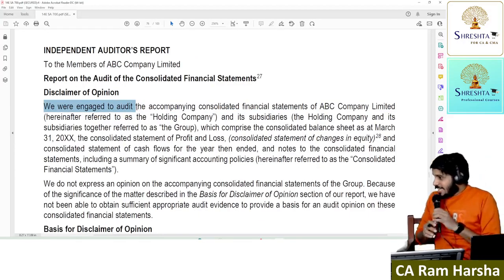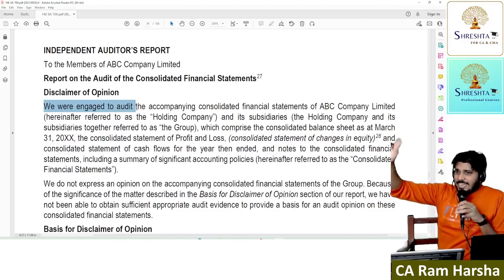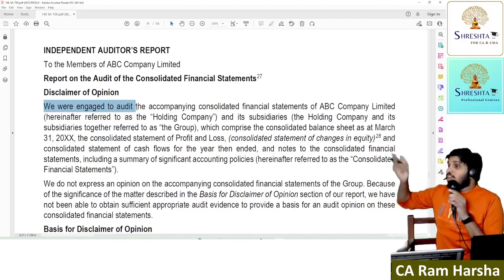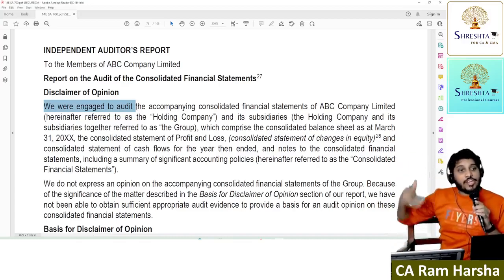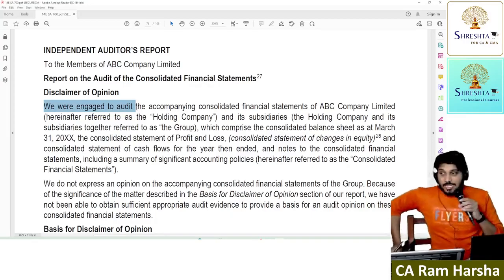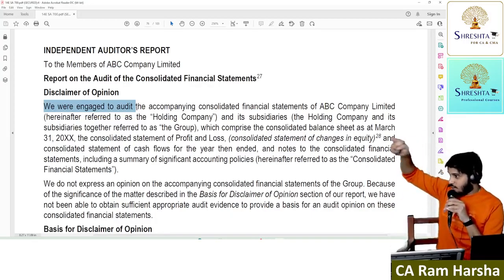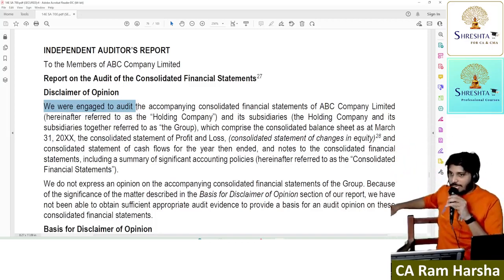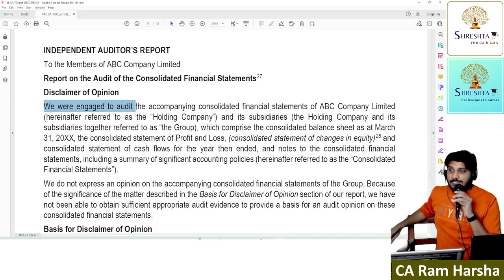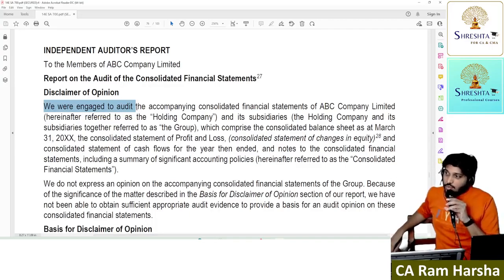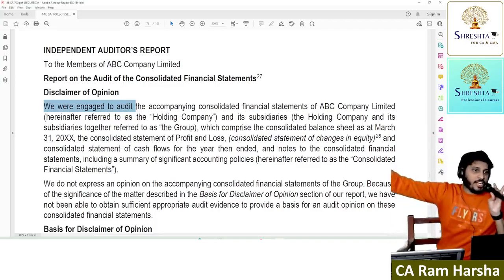Why are we giving a disclaimer? We didn't get any evidence. When you did not get evidence, how can you use the word audited? You see, an adverse opinion starts with we have audited. Qualified opinion, we have audited. Unqualified opinion, we have audited. Disclaimer, we were engaged to audit. Which means, what are you saying? We were appointed, but we didn't audit.